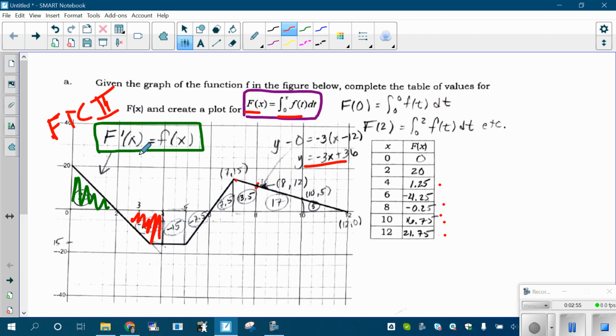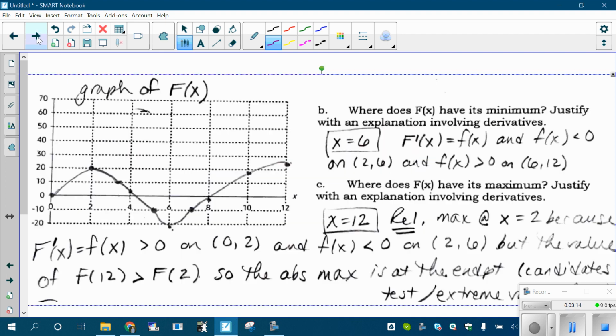Well, in derivative speak, it's when it goes from decreasing to increasing that you have a relative minimum. It's where the derivative, little f, which is the derivative of big F, goes from negative to positive. Big F is going from decreasing to increasing because little f is going from negative to positive, and that happens at x equals 6.